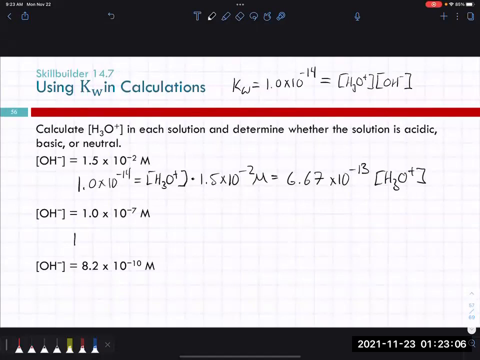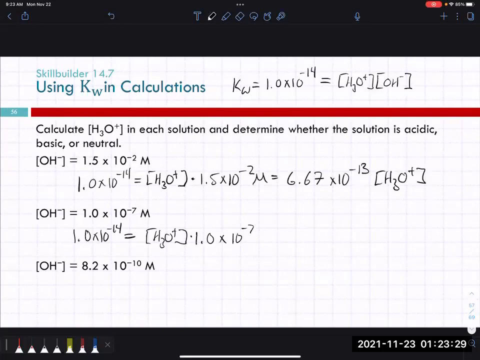So for the rest of these, it's going to be the same thing. 1.0 times 10 to the negative 14.